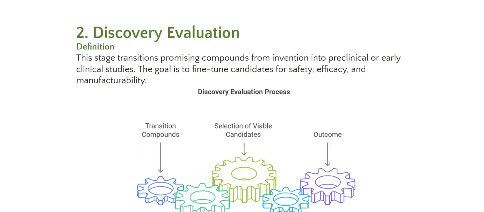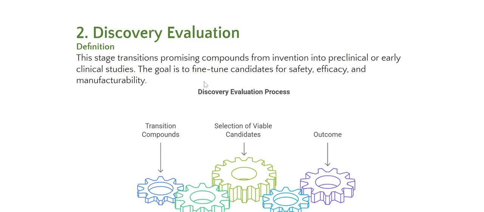Discovery evaluation. After invention assessment, we have discovery. Discovery evaluation definition: this stage transitions promising compounds from the invention assessment stage into preclinical or early clinical studies. Whether experts call it early clinical or preclinical studies, both are okay.